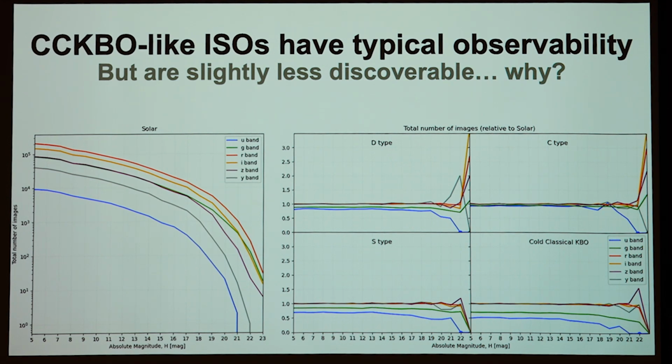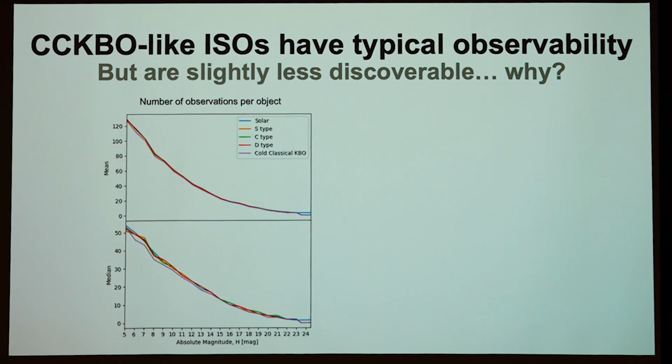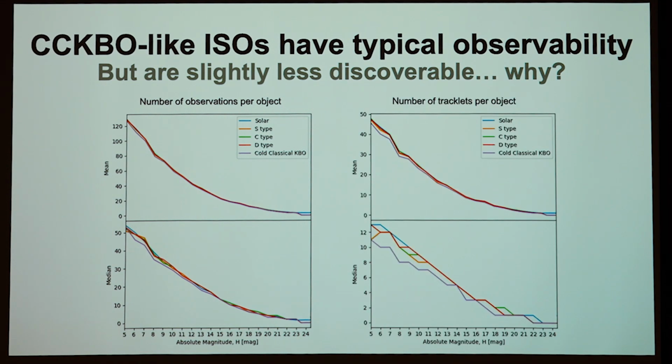So you think, okay, fewer G and U images, that makes sense, they're just not going to be discovered. They actually have the same number of observations per object, so it's not a drop in the number of observations, it's just a change in the ratio of the observations per filter. And the interesting thing about that is that it affects the number of tracklets that you're getting for your objects. So something to do with the different filters being observed for these objects affects how that gets translated into discoveries.